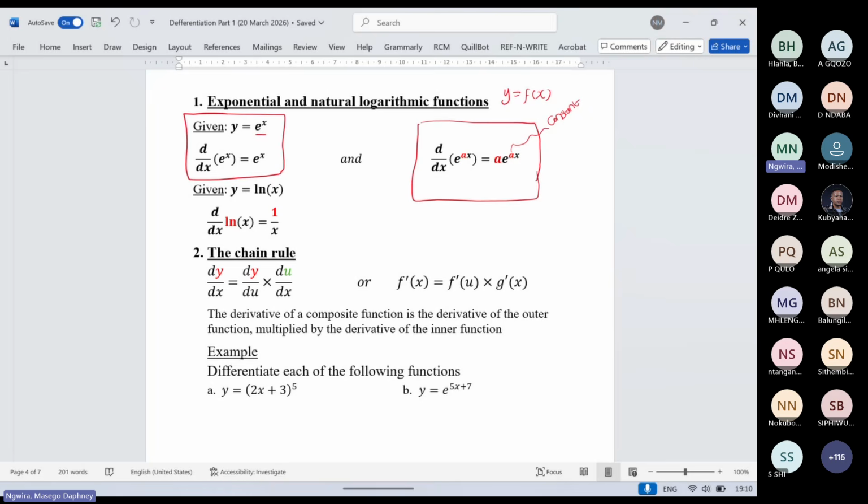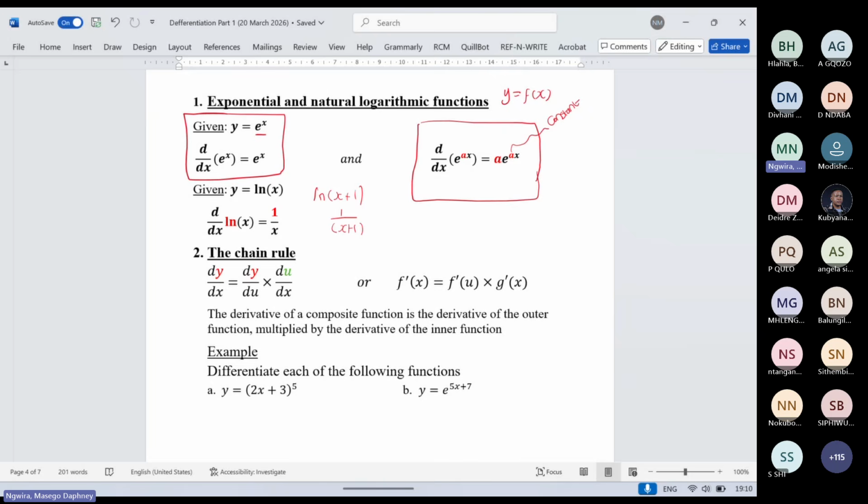So if it was ln of x plus 1, when I differentiate, my answer would be 1 over x plus 1. Whatever is inside the bracket, that's how it is with exponential and log. It's going to make sense when I do the example, and I'm going to keep on doing it again.